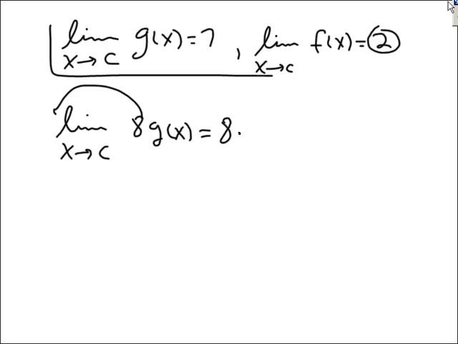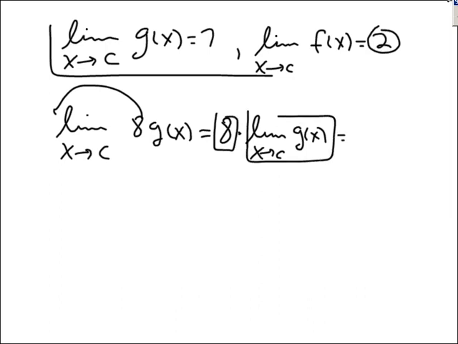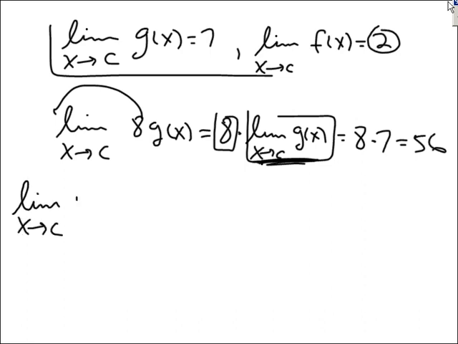This is 8 times the limit as x goes to c of g of x. Well, it's this times this. The first this is 8. The second one, this is 7. It was given to be 7. 8 times 7, 56.